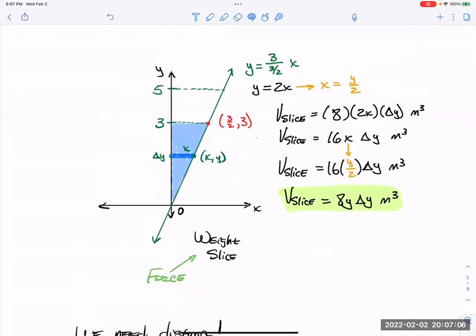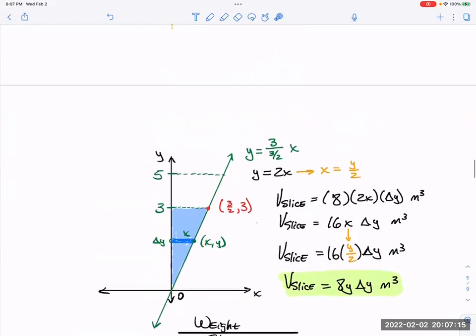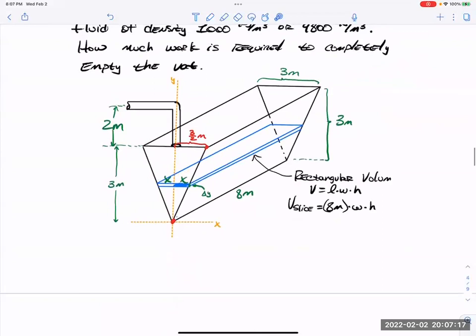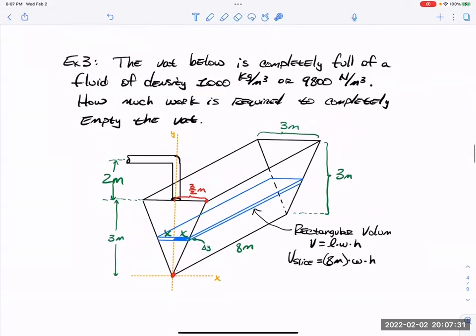Now remember, what is work? Work is force times distance. So we need to find, go back to here. We need to find the amount of work to remove this volume of fluid out this outlet. But if we know volume and we know the density, then we can get the weight of this arbitrary slice.